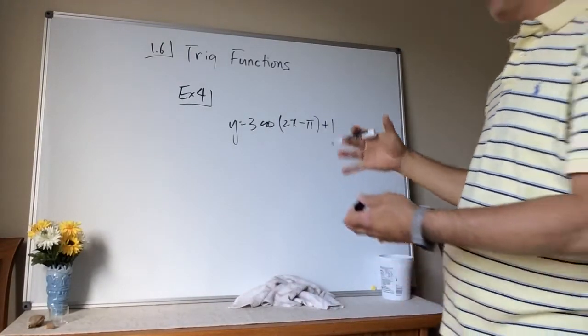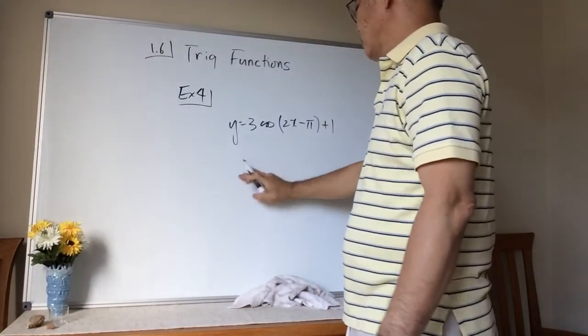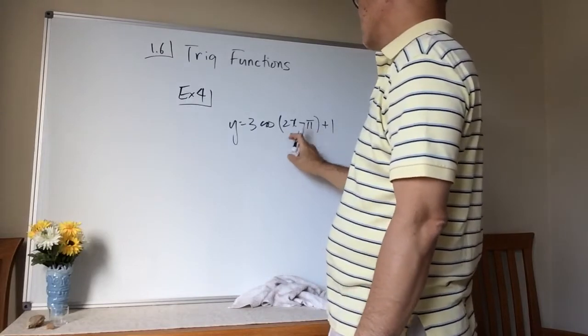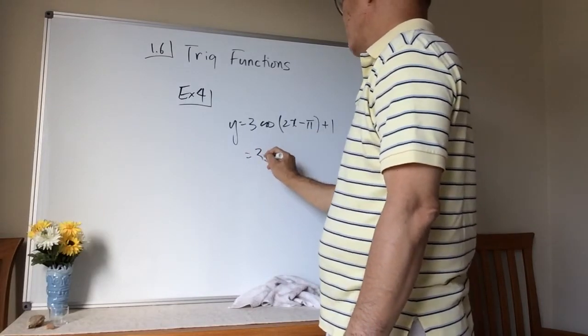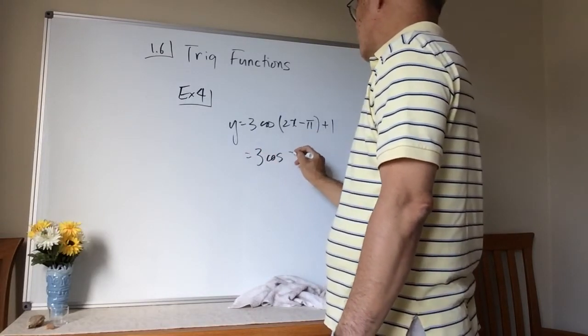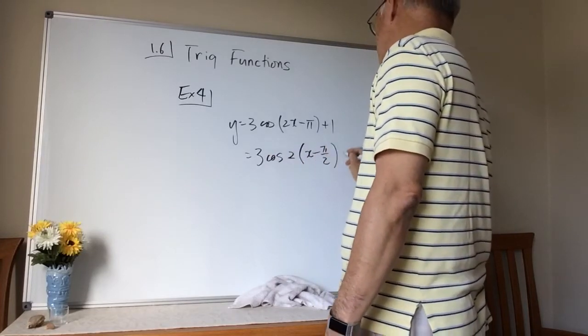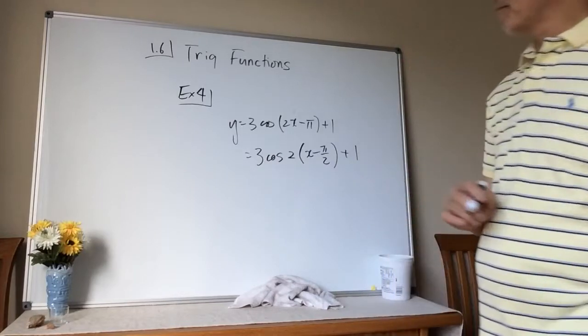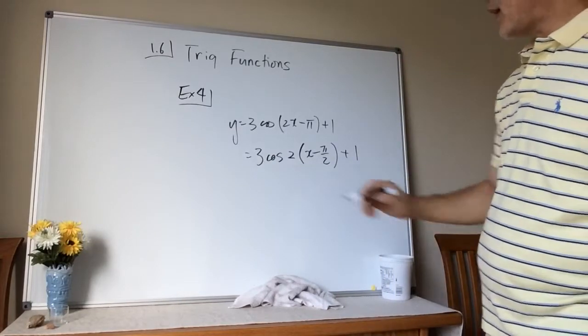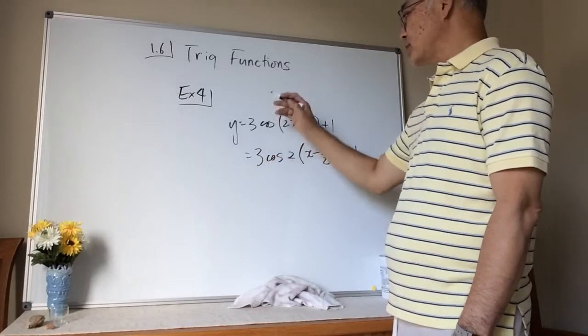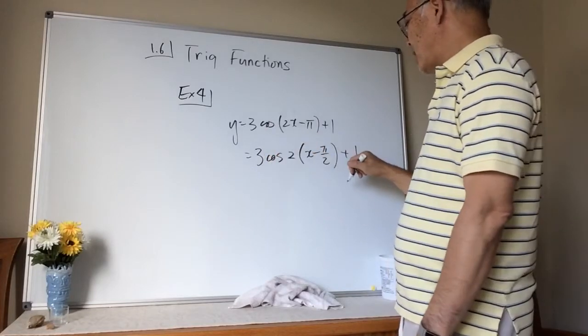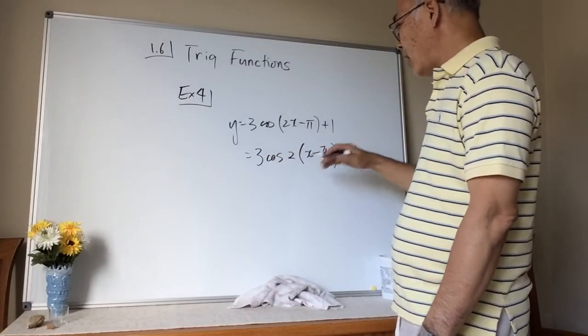The thing that most people get confused about here is this. You should actually view it as 2x minus pi over 2 plus 1. So what happened? The amplitude is now plus 3 to minus 3, right? But I am shifting that up 1.